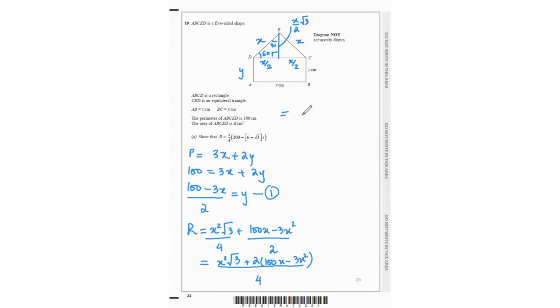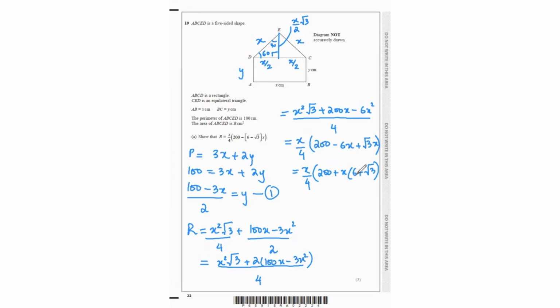So that's going to be (x squared root 3 plus 200x minus 6x squared) over 4. So we can take x over 4 common outside, and inside the bracket, we're left with 200 minus 6x plus root 3x. So inside the bracket, they've again taken x common. So x over 4 bracket 200 minus x bracket 6 plus root 3.